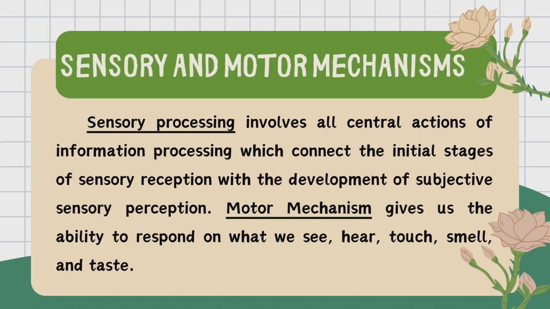Sensory is the process by which the organism detects stimuli from the environment and converts them into nerve signals that the brain can interpret. For example, when we see light or hear sound, our brain will process that information.